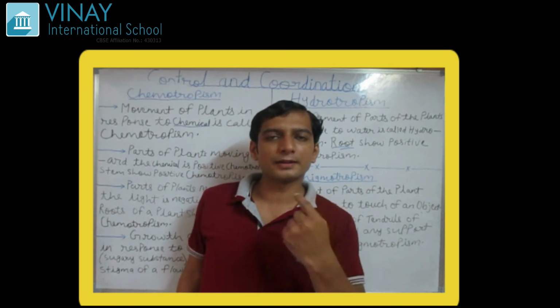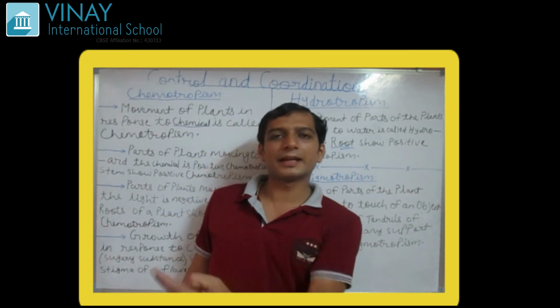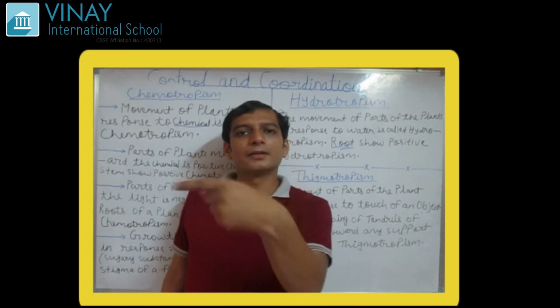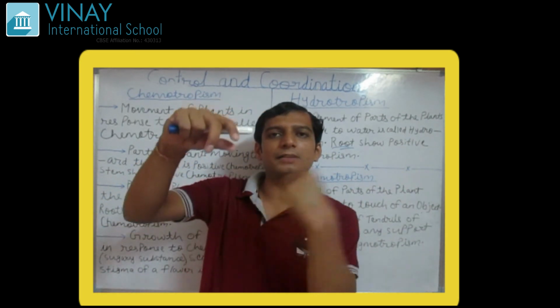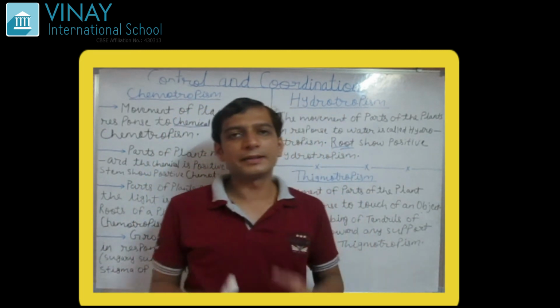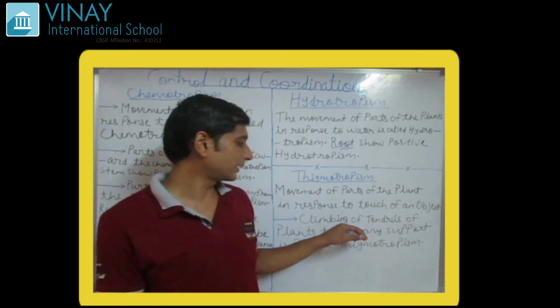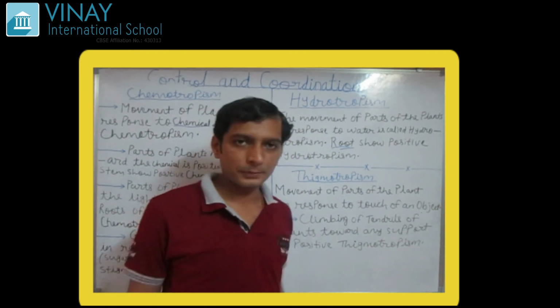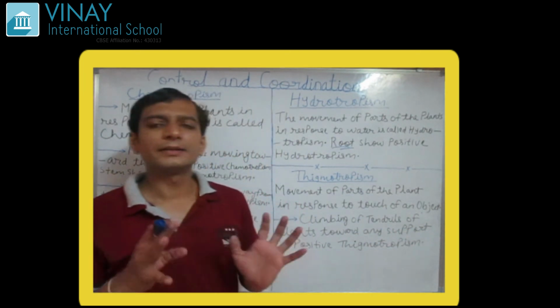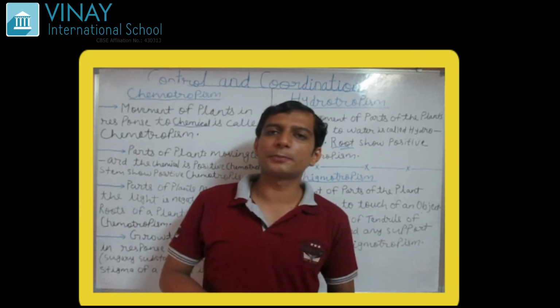This plant or tree continuously revolves around and gets attached to this stick. So this climbing of tendrils is thigmotropism. So these were all the 5 types of tropism.